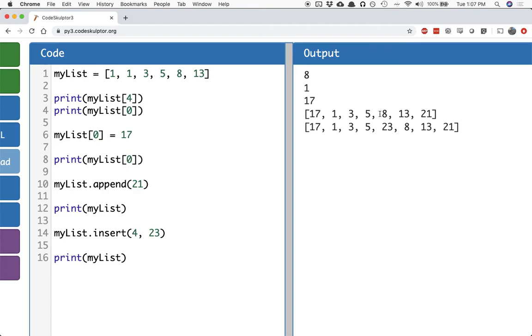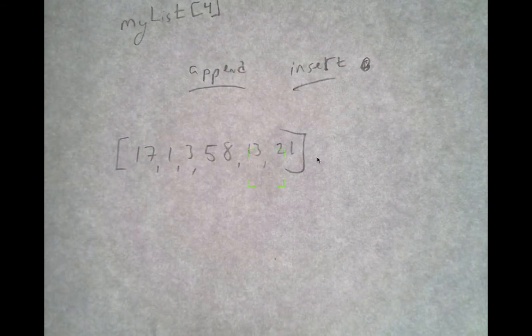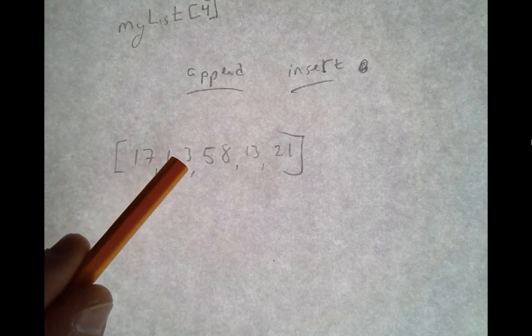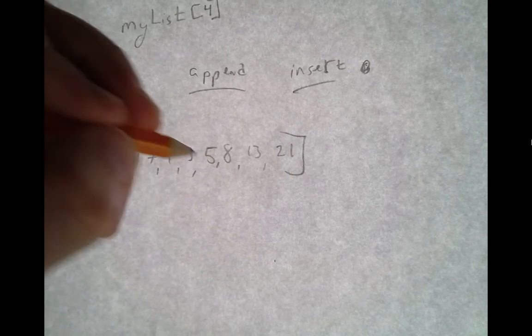In the previous list, it was here. Let's do this on paper. I'm going to copy it down for a second just so I have it here. 17, 1, 3, 5, 8, 13, 21. Okay, let's come to the paper so hopefully it makes a little more sense. Our list over here had the values 17, 1, 3, 5, 8, 13, and 21.